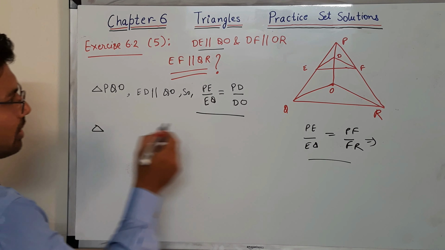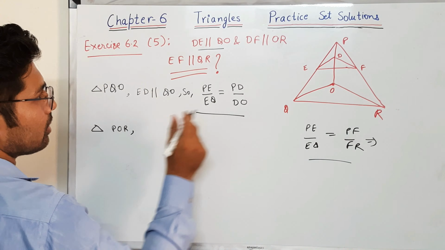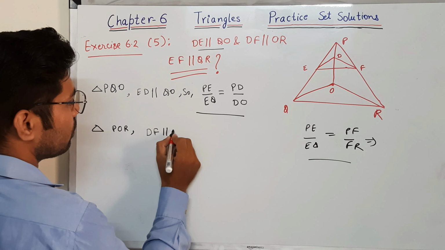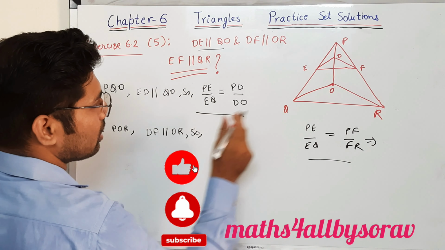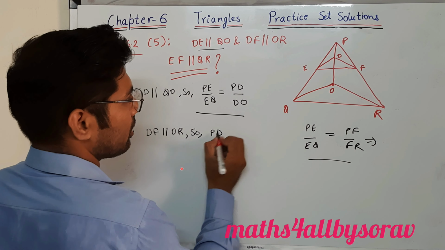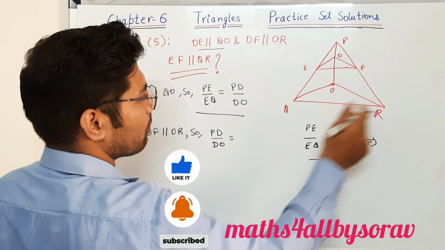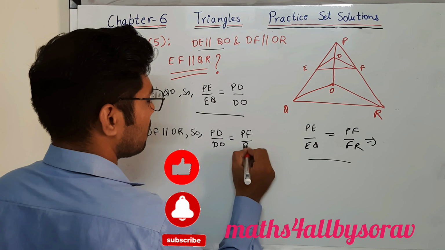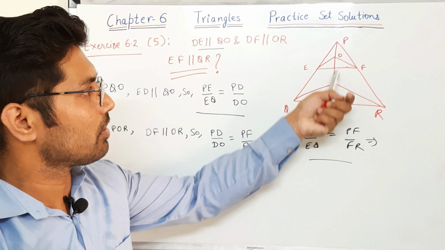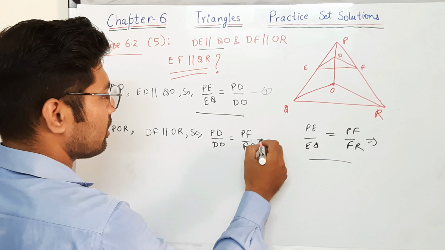Now in triangle POR, DF is parallel to OR. So what do we get? The ratio PD upon DO is equal to PF upon FR, because these two sides are parallel. This we did. Now this is equation 1, and this is equation 2.